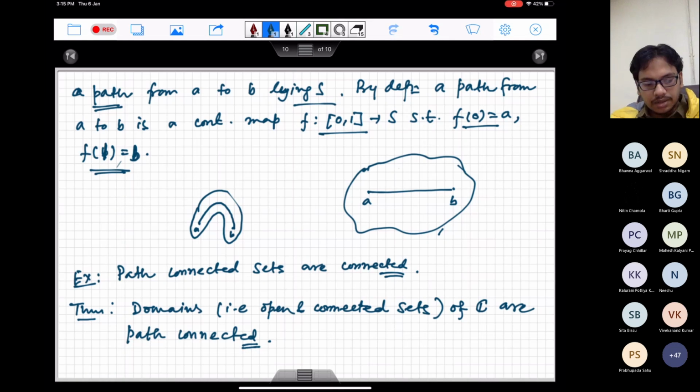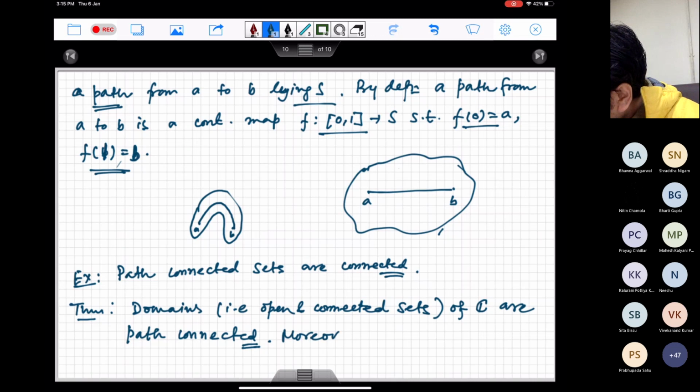The main important point that we are going to use for this is that domains in C are path connected, or even something more. So I'm going to write: path connected, moreover they are polygonally connected.